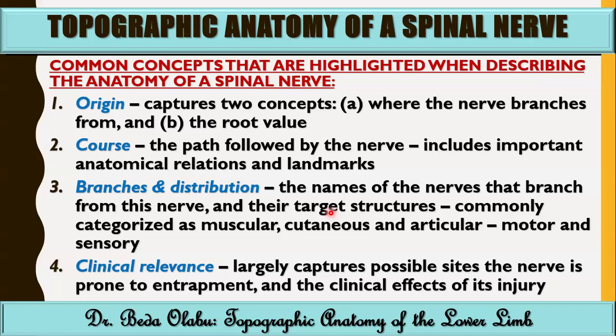Whichever the cause of injury, what are the clinical effects of the injury of that nerve? When you think about clinical effects of injury for a nerve, you need to remember what it supplies. So for example, if a nerve supplies a muscle and is injured, it may mean that that particular muscle will be paralyzed.